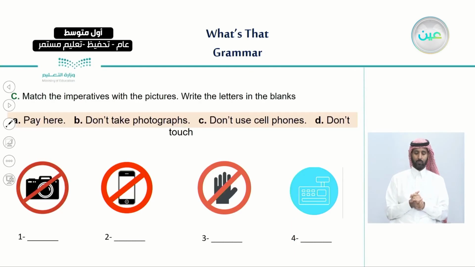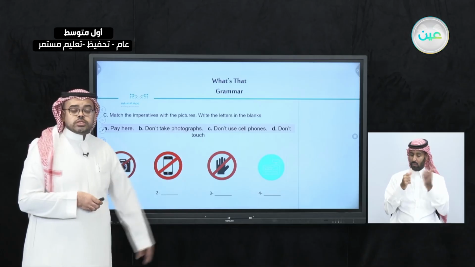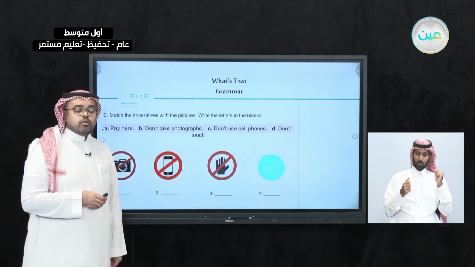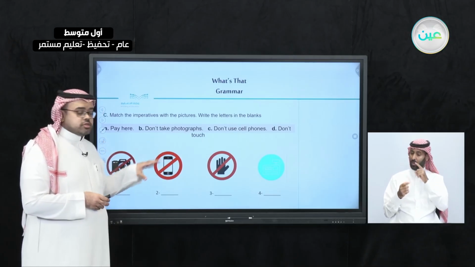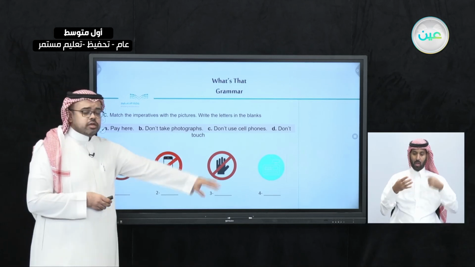Now, as for the last exercise that we have for today, which is exercise C, match the imperatives with the pictures and write the letters in the blanks. So here we have different imperatives, and we need to match each imperative with the sign we can see here.